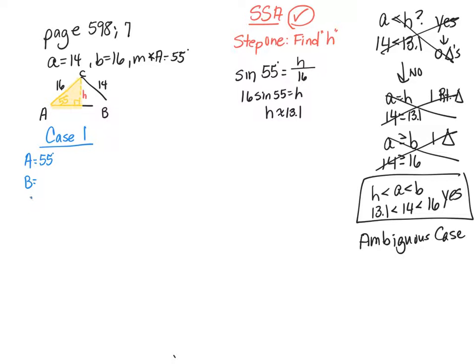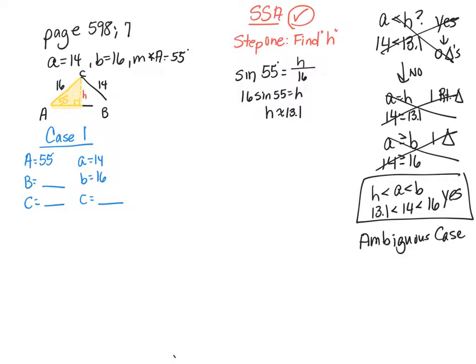We do not know angle B. We do not know angle C, but we have to find them. We know that little a is 14 and little b is 16. That means the sides across from big A and big B. And then we don't know the side across from C. That's another unknown. So we have 3 knowns and 3 unknowns in case 1.